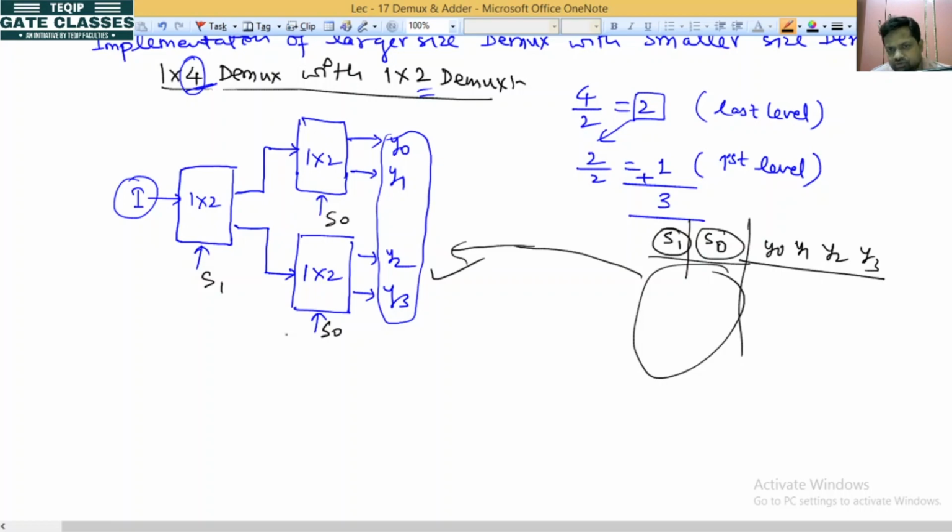आज तक कोई क्वेश्चन इससे नहीं आया है, बट ये मुझे ऐसा लगता है इफ़ दे आस्क देन ओनली दे कैन आस्क how many smaller size demux are required to implement larger size demux. Okay na? So you can go with this formula.